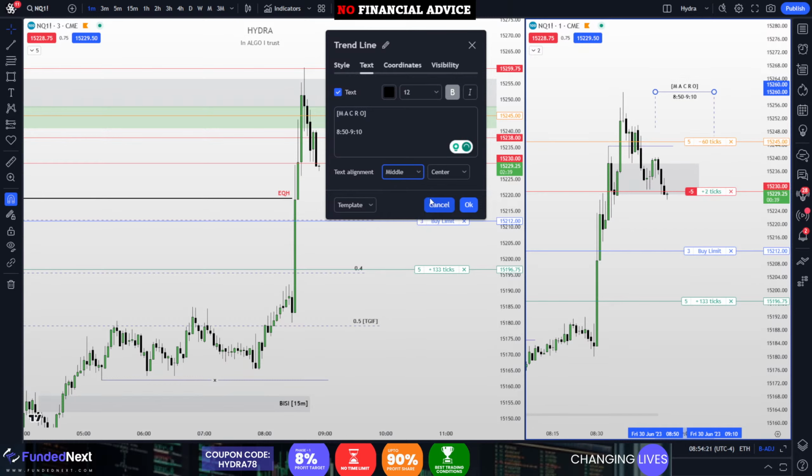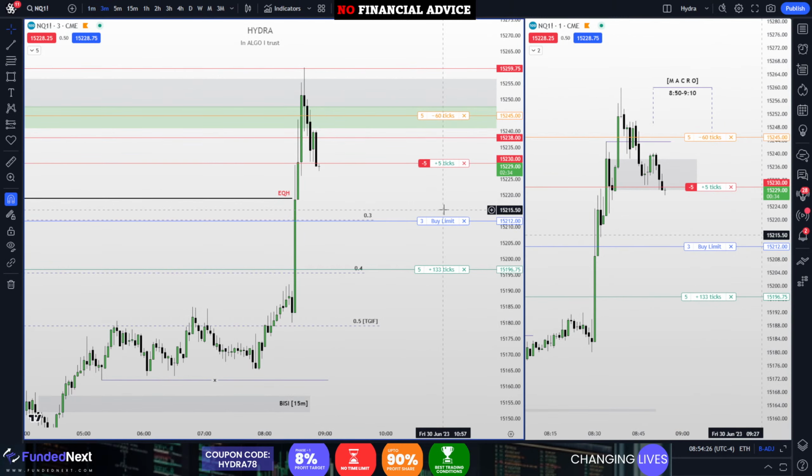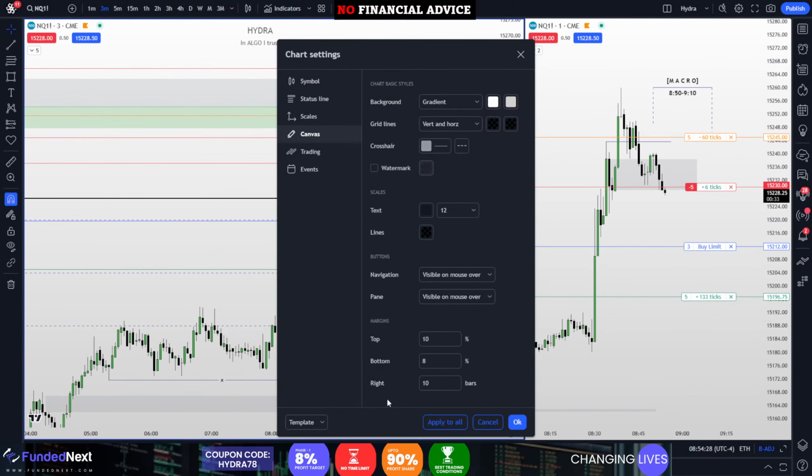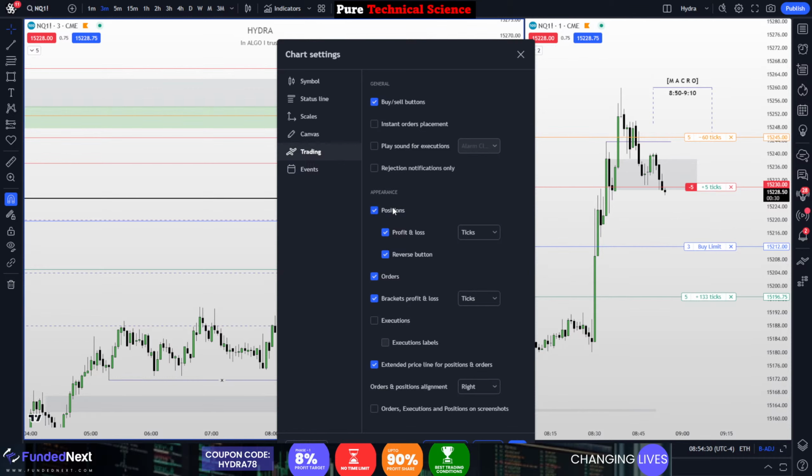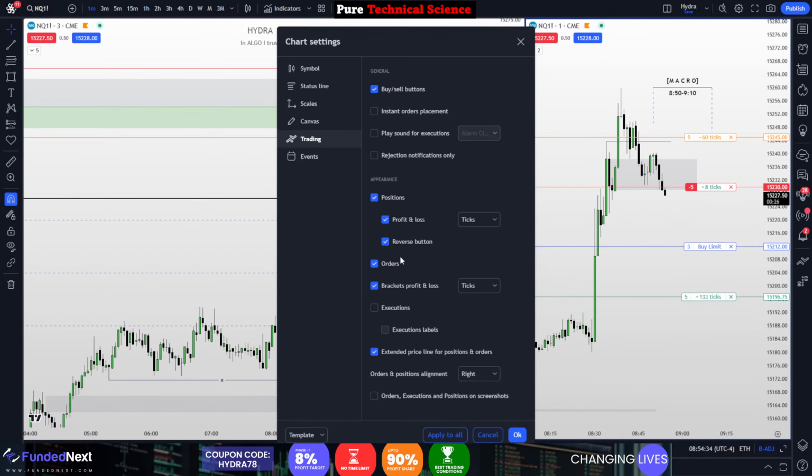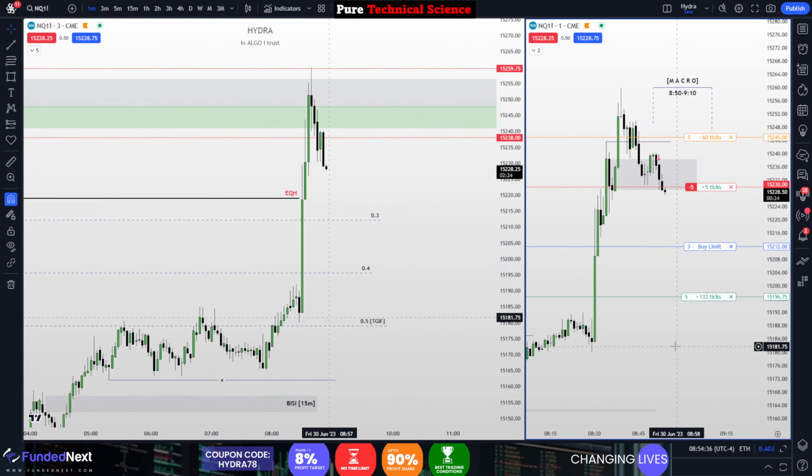Center, middle, and 14. Okay, so now let's watch price delivering, trading, position, orders, and there goes the execution marks. Okay, down here, good.